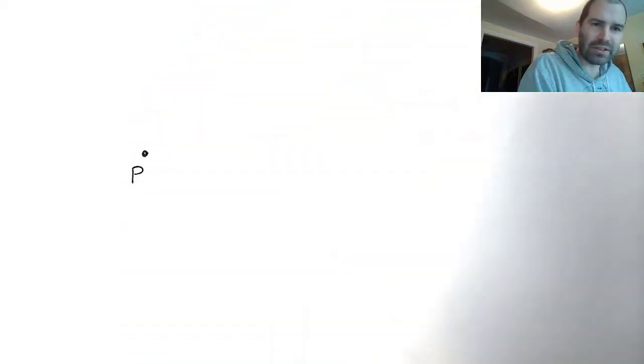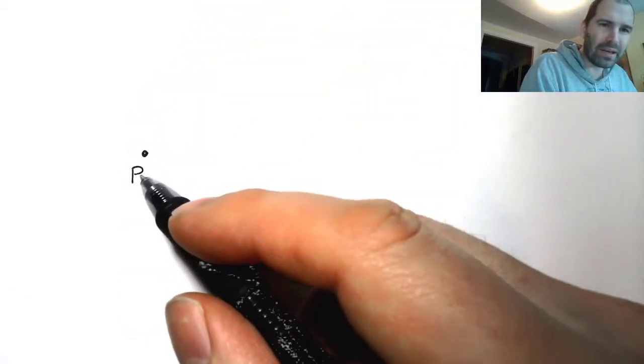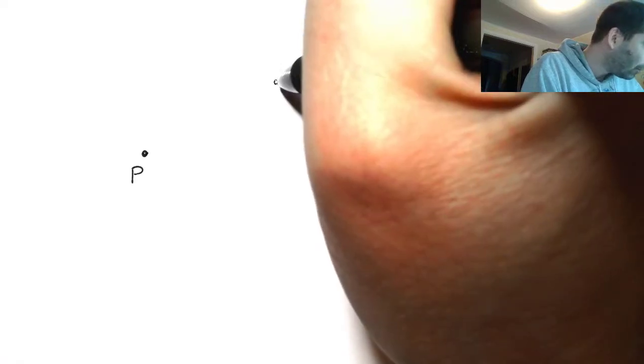Okay, so our circle, let's say the center point, let's call that P. I think I may have called it something else in the picture, but let's call it P here. And then Q, let's let that be our other point.